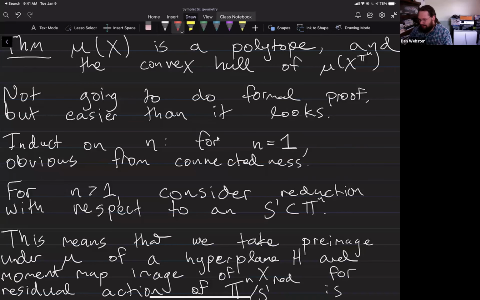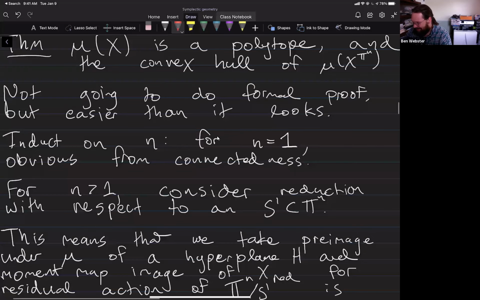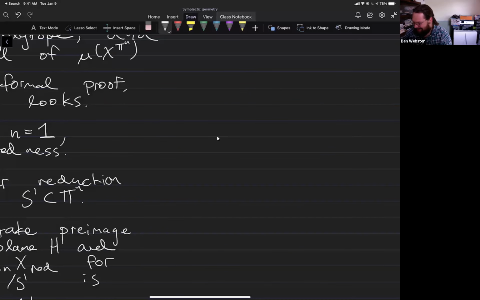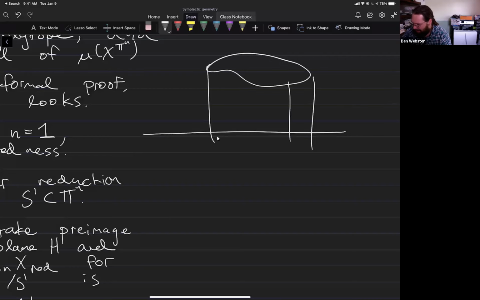It's useful to note that when n is equal to 1, I'm getting a subset of R, the image of a connected manifold that's compact. So it must be an interval. My manifold maps down onto R, and because the manifold is connected and compact, it has to hit a connected and compact subset of R, and that's a polytope.